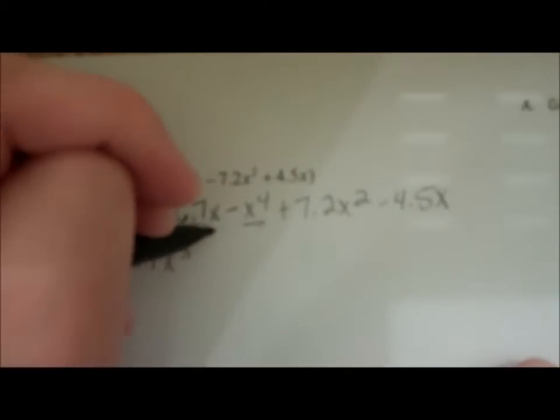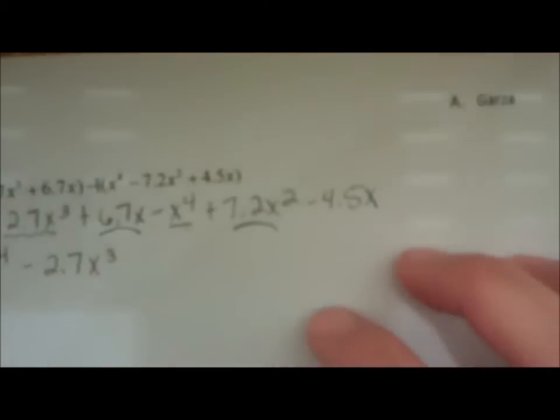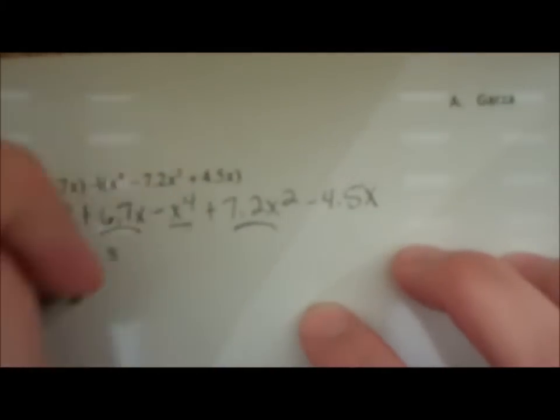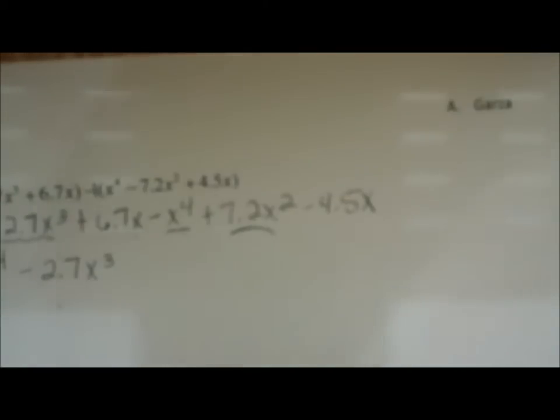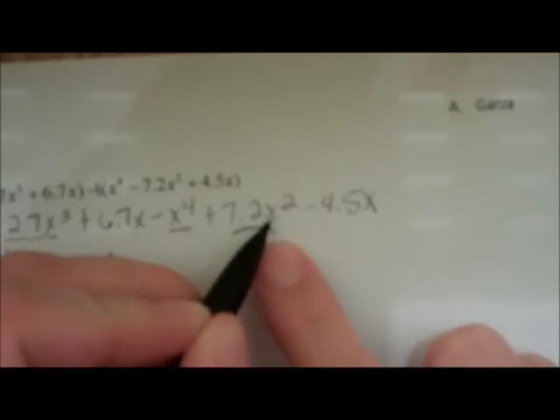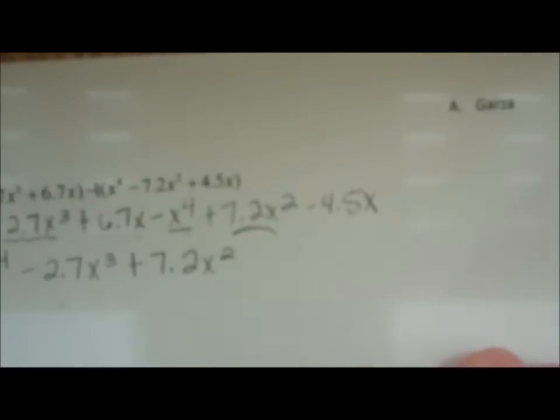I have a 6.7x there, and a 7.2x squared there. Not x squared, I'm sorry. Let me erase this. I just jumped to x. Completely skipped the x squared. Sorry. Okay, I have a 7.2x squared there. I don't have another x squared in there, so I'm going to put plus 7.2x squared.